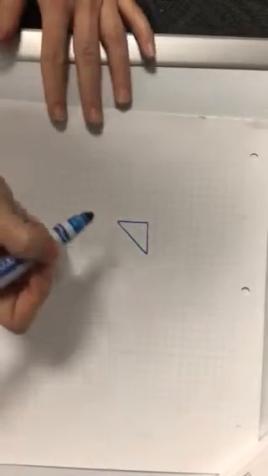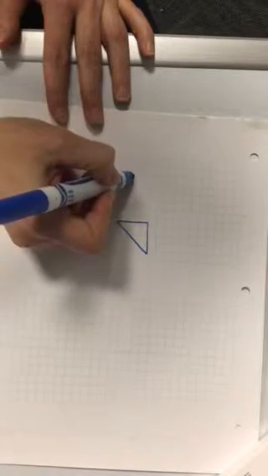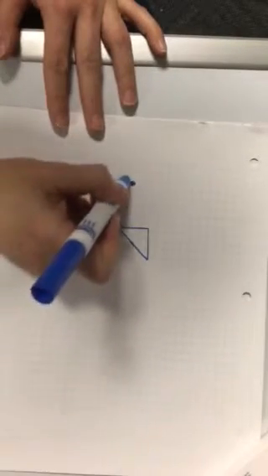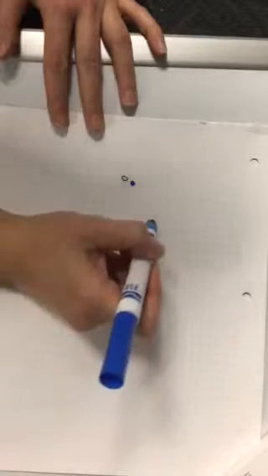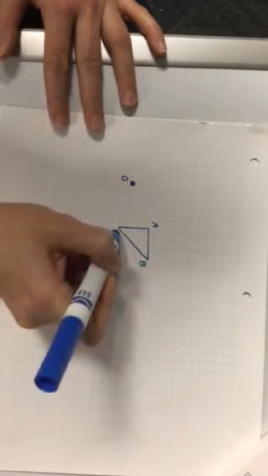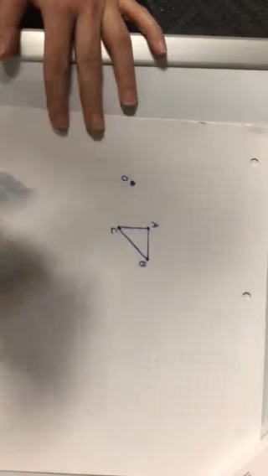Okay, and we're going to have a center point that's out here. We're going to call it O. And we're going to call this triangle A, B, C.